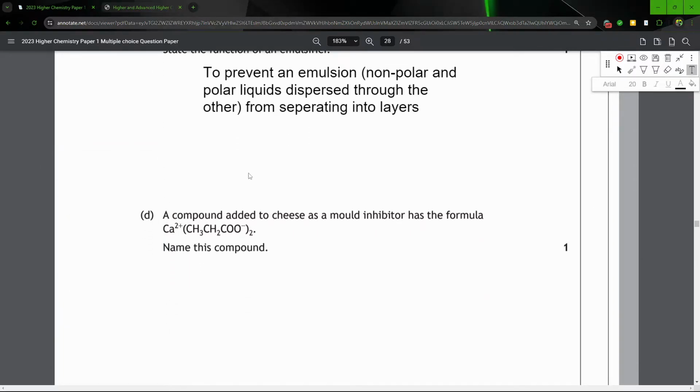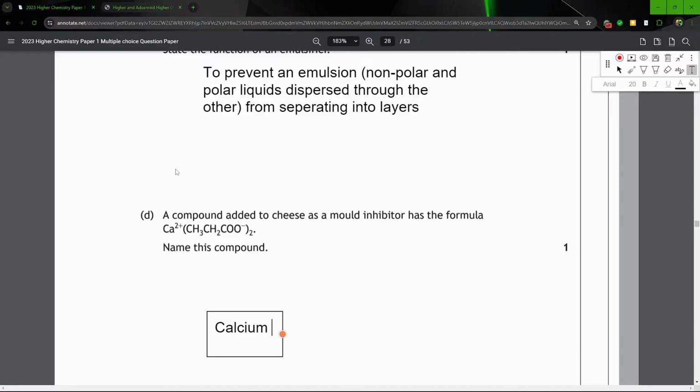A compound added to cheese is a mold inhibitor and has the formula Ca(CH3CH2COO)2. So this looks like to me a soap. But what is it? Well, Ca, that's going to be calcium. So we can probably actually just write that. If I knew how to spell calcium, that is. There we go. So what about the other one?